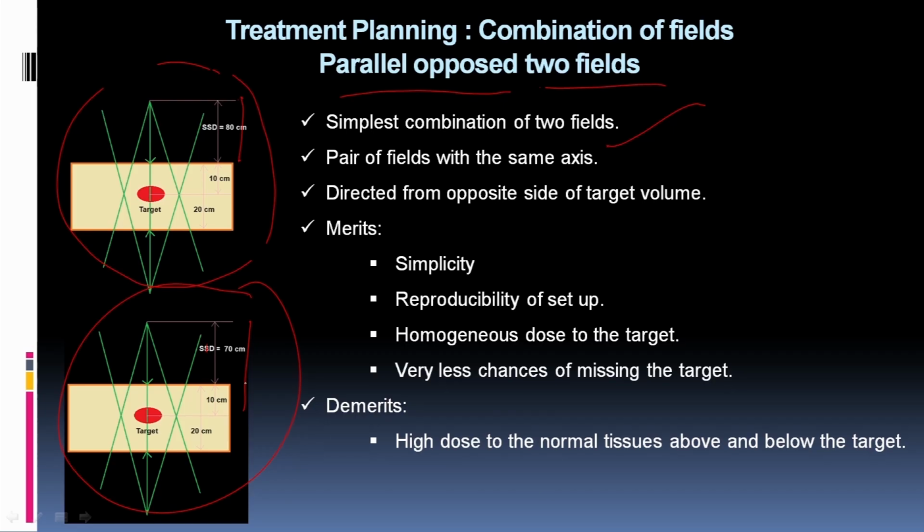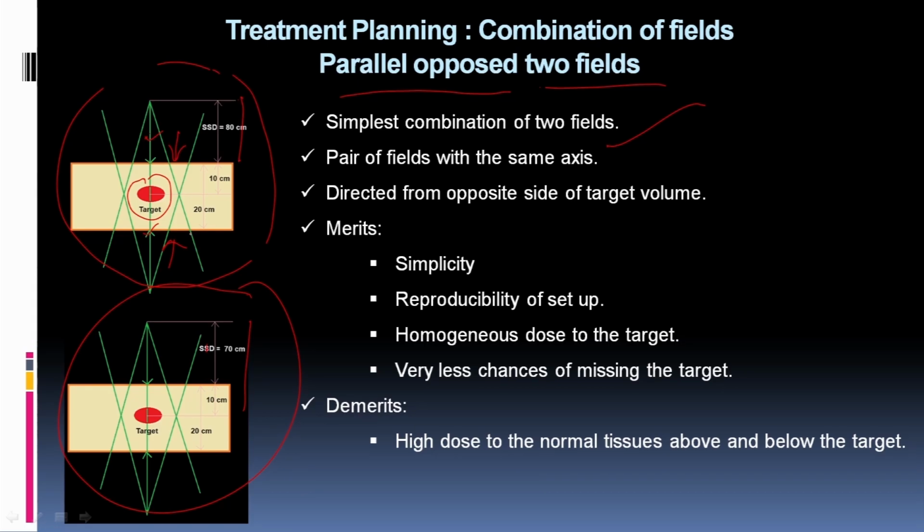Now in this type of technique we use a pair of fields with the same axis. You can see the axis is the same for both fields, and they are directed from opposite sides of the target volume. So, they are the simplest combination of two fields, a pair of fields with the same axis directed from the opposite sides of the target volume.